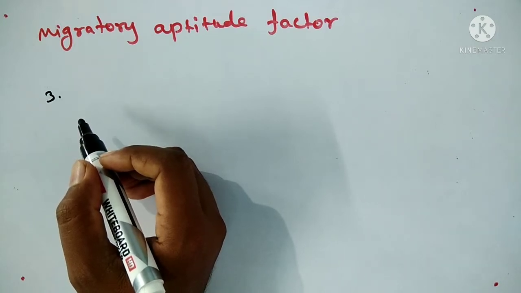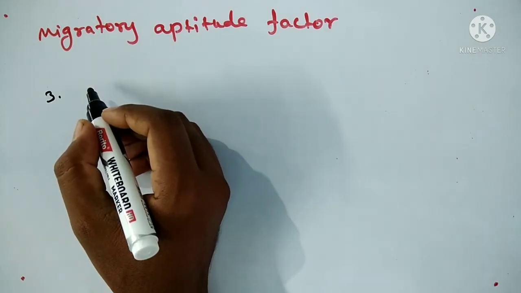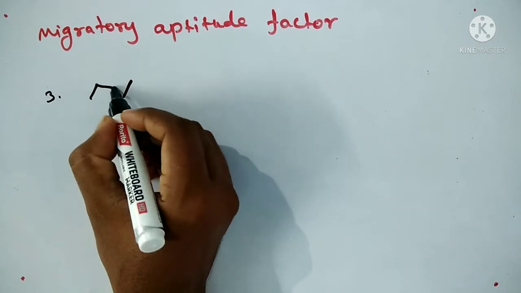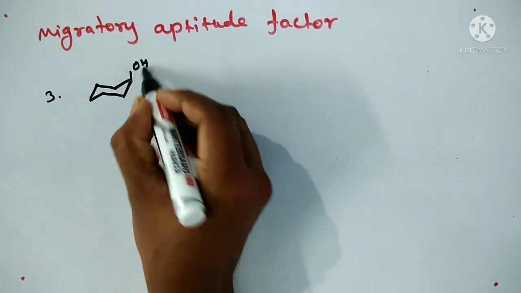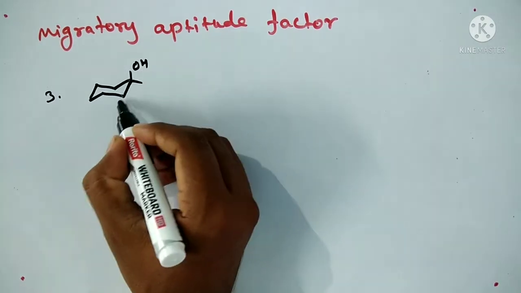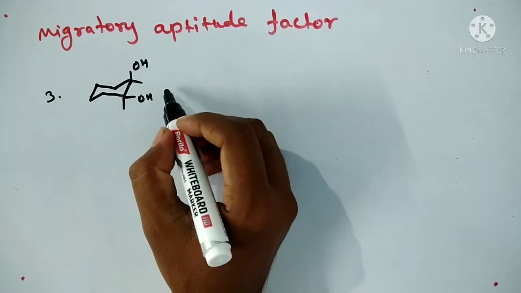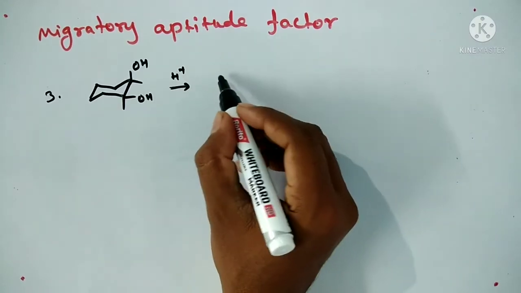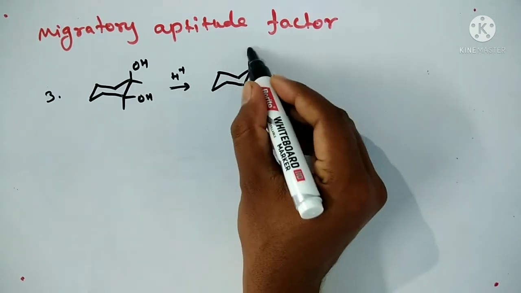The next point is that in alicyclic compounds, the migrating group must be anti to the leaving group. For example, take cis 1,2-dimethylcyclohexane-1,2-diol, with OH and methyl on each carbon. In the presence of acid, what do you get? The oxonium ion.